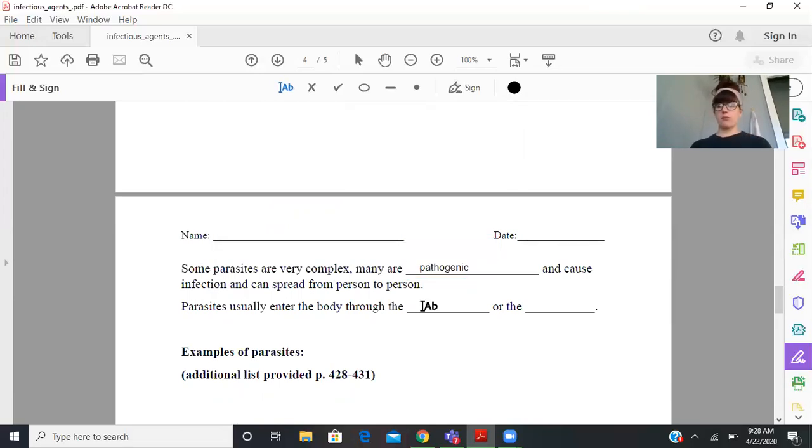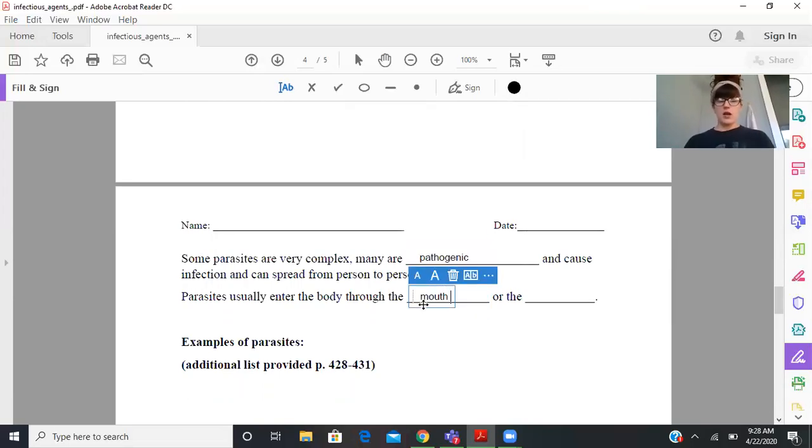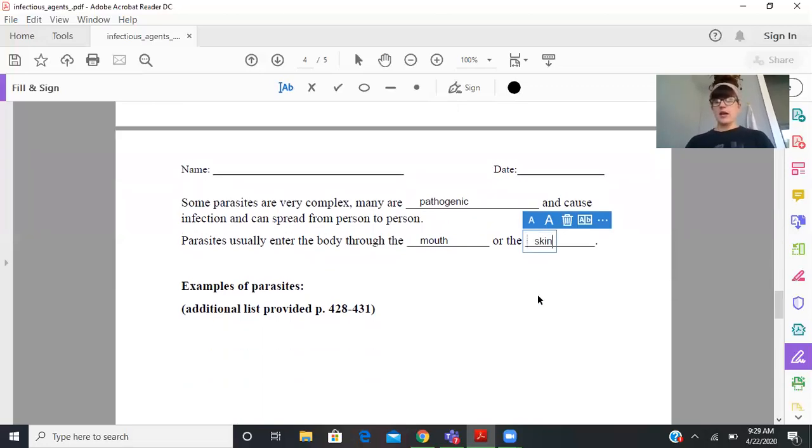Parasites usually enter the body through the mouth or the skin. This is the part about parasites that is kind of creepy. They feed off of you. So like fungus and parasites will feed off of something. Like let's say I get a tick. That tick is feeding off of my blood. Fleas feed off of dogs. Bed bugs feed off of blood. Threadworms, pinworms, scabies. All of these are examples.